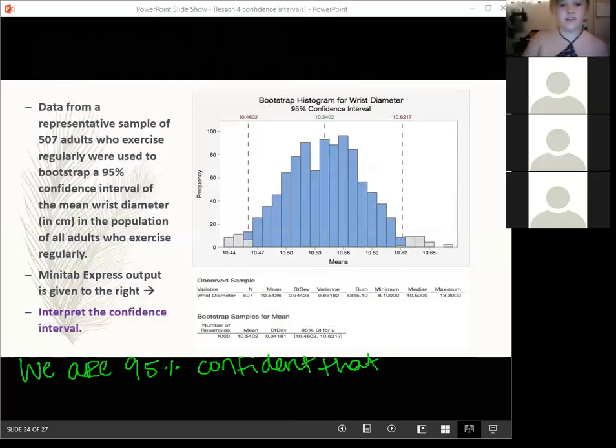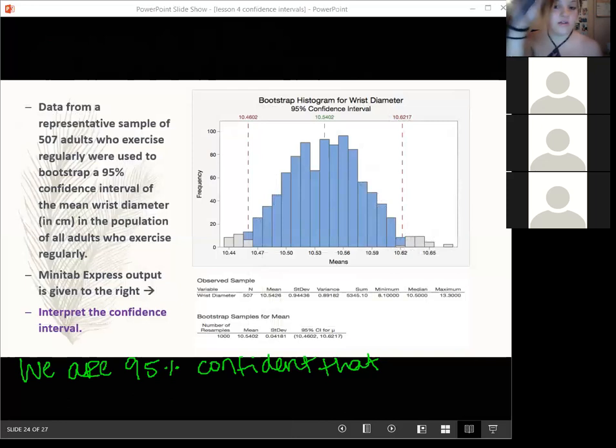Yes, beautifully said, Maria. I will not read all that out again, but that's absolutely correct. So our mean wrist diameter, we are talking about means, which is great. And then in the population, we're making this inference about the population, which is great.